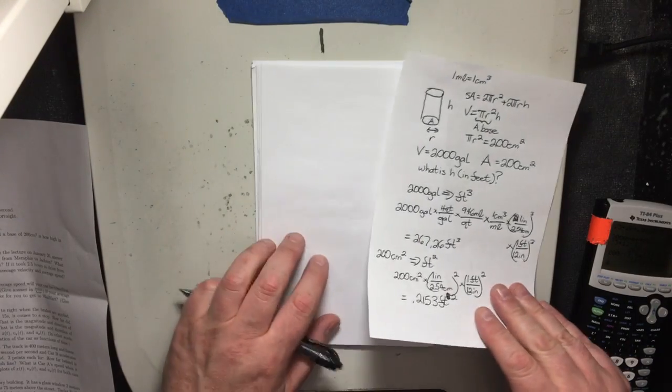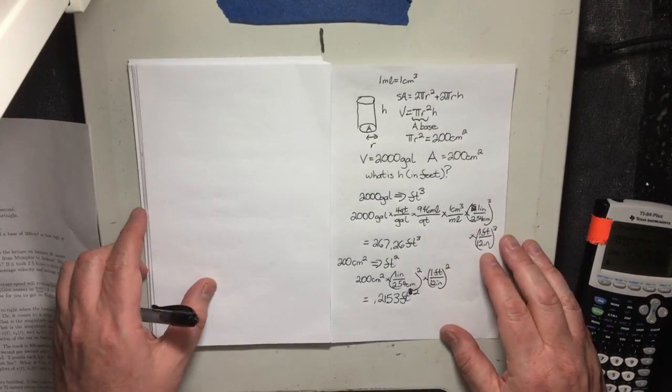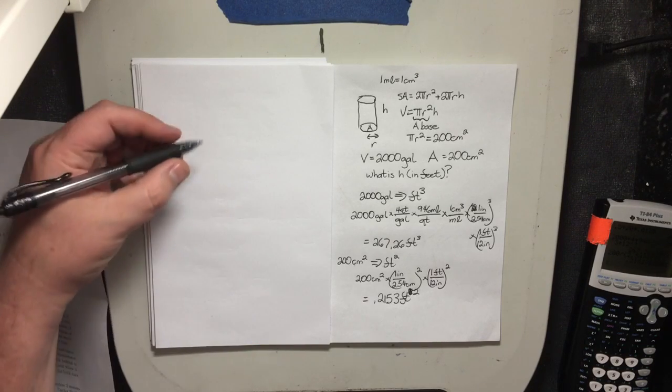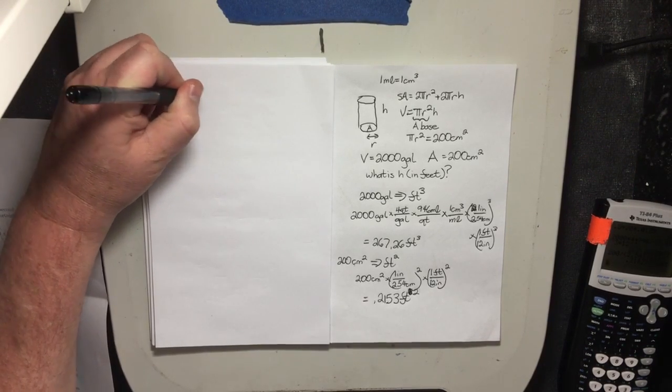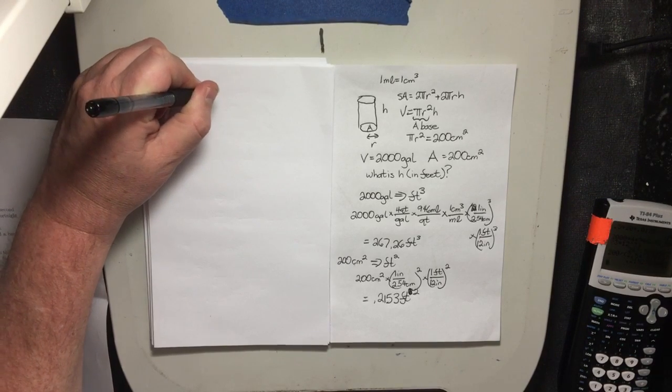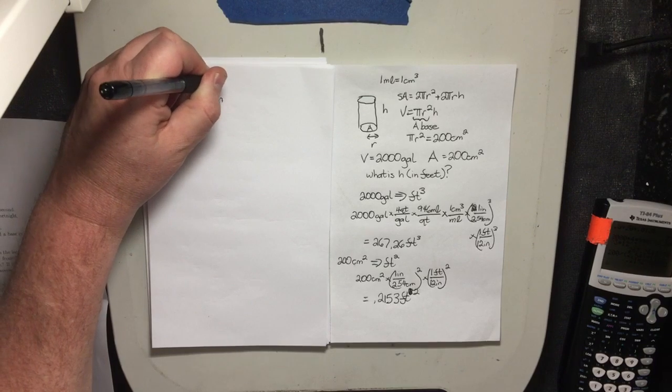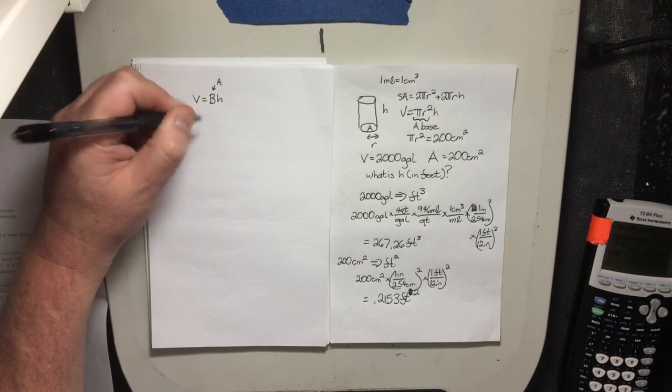So we have the volume in cubic feet. We have the area in square feet, what is the height in feet? Well, volume is base times height. That is the area that we've been figuring out.